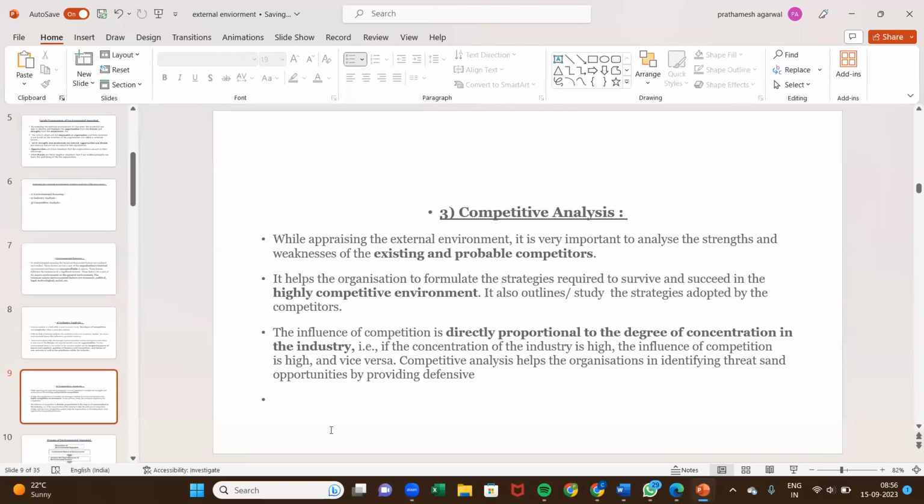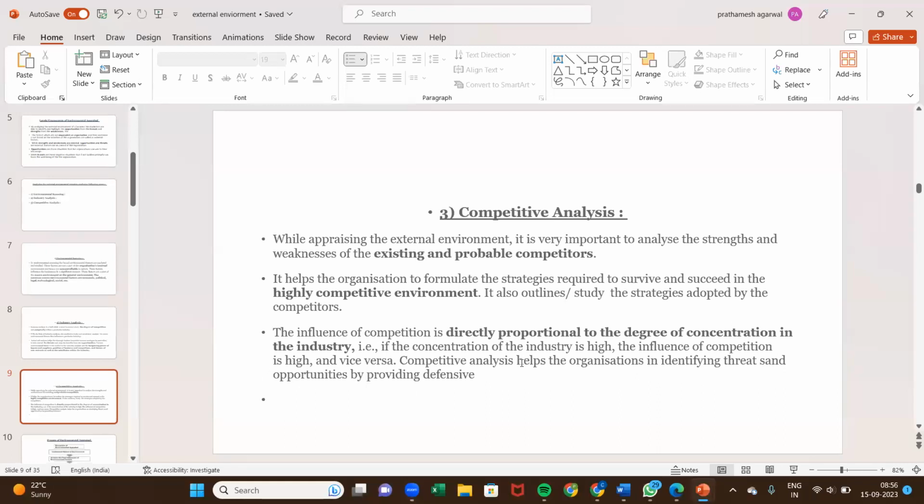Airtel, Vodafone Idea, and Jio, right? Now, what is the degree of concentration? Maximum people are using Airtel, or how many people are using Jio? If the concentration of the industry is high, the influence of competition is also high.